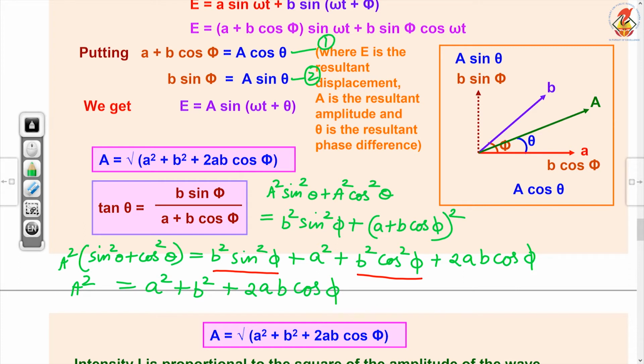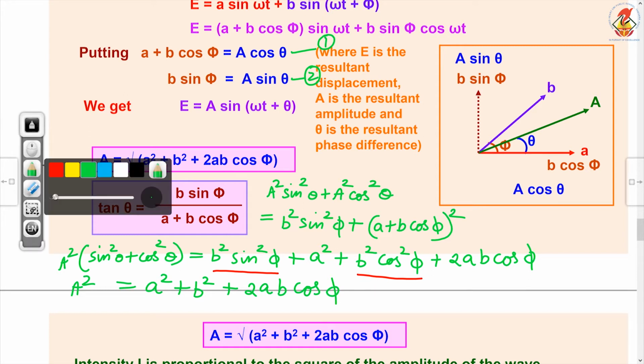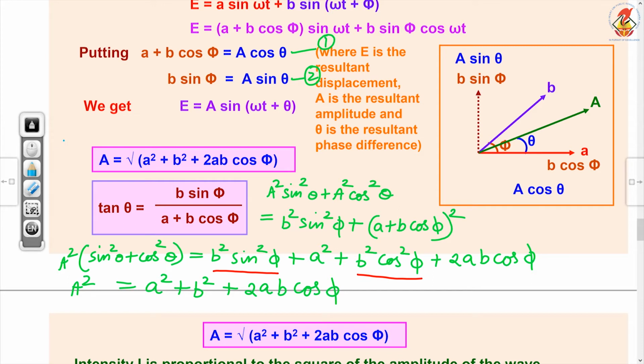Then what is a? Take the root of that. So a is equal to the resultant amplitude. A is equal to root of a square plus b square plus 2ab cos phi.